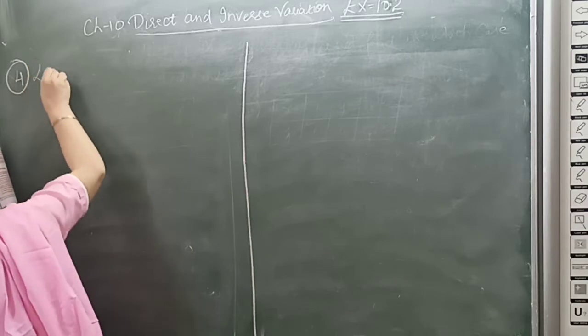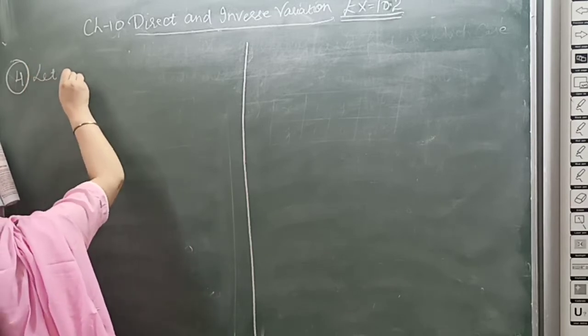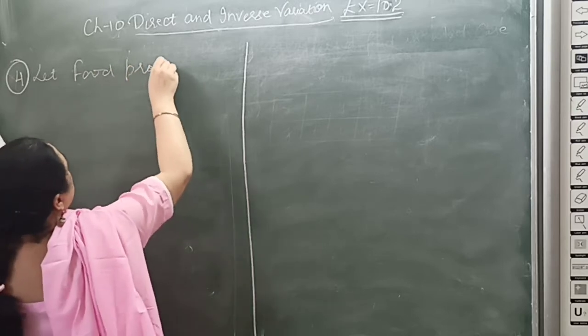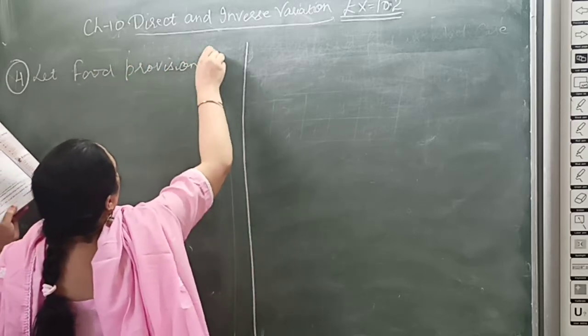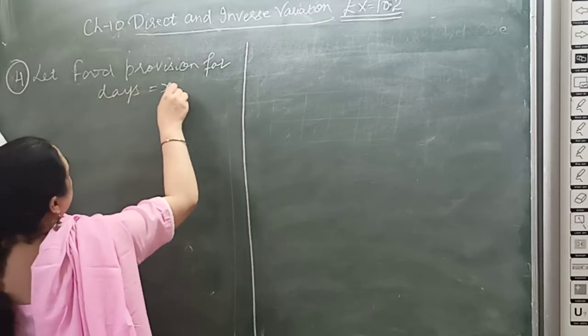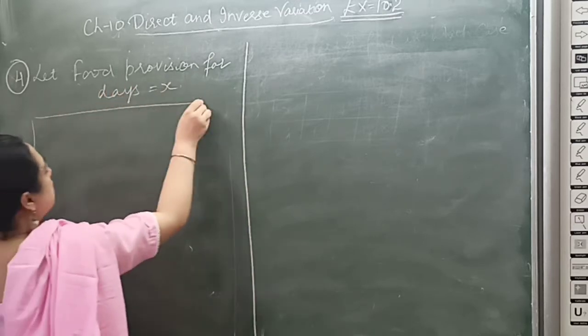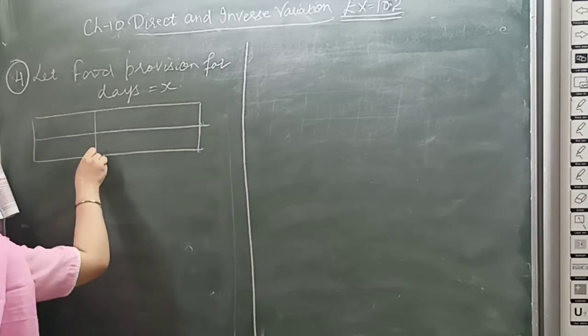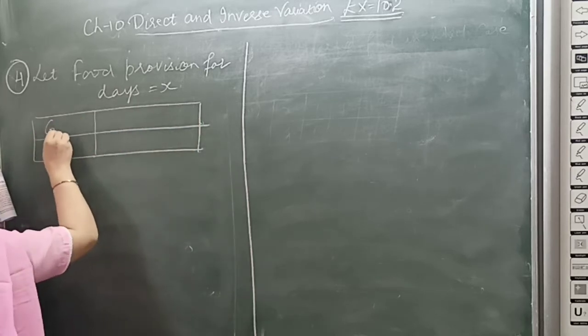Now let us suppose the food provision for days, let it be x, right? Now again, first of all you will make a table and write down here the girls.